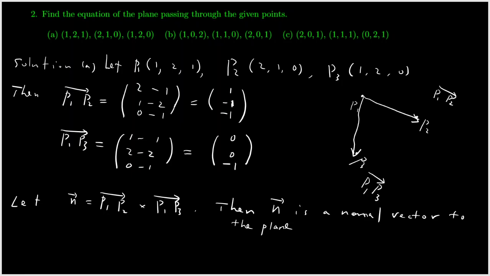Now I want you to take a few moments to get me the cross product. Now let's compute the cross product, the vector n. Do not forget the formula. Actually, everything is going to be open book, so you do not have to memorize the formula. But the formula for computing the normal vector is i, j, k in the first row. In the second row you have the components of P1, P2, which is 1, negative 1, negative 1, right?